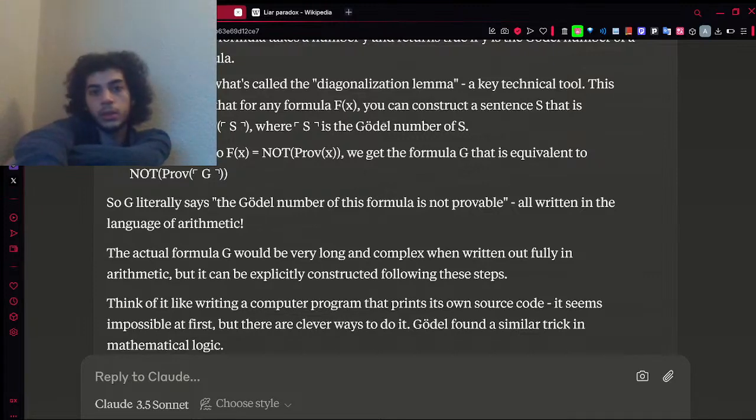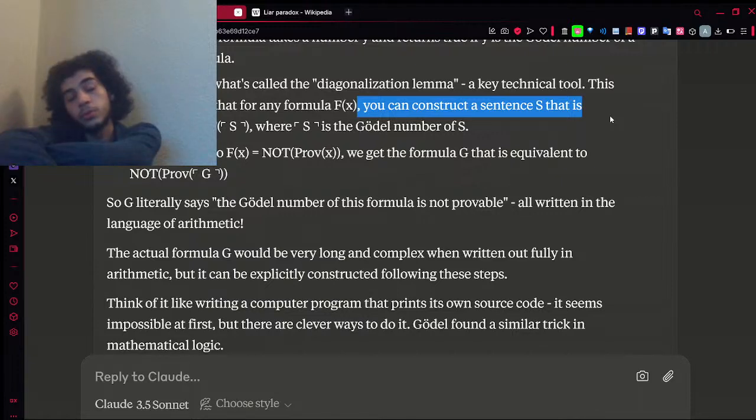Okay, no, no. So this means let's assume F(x) is equal to x. You can construct a sentence, for example the number one, which is equal to F(x), and in x you put the Gödel number. We get not Provable(x).